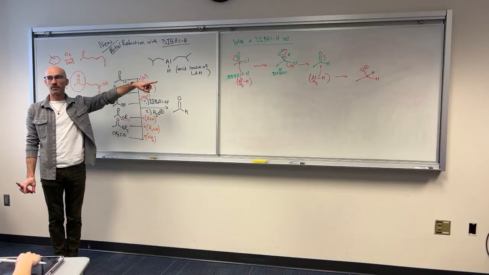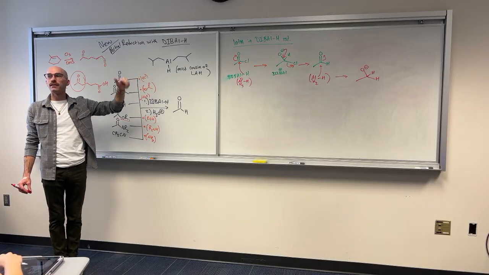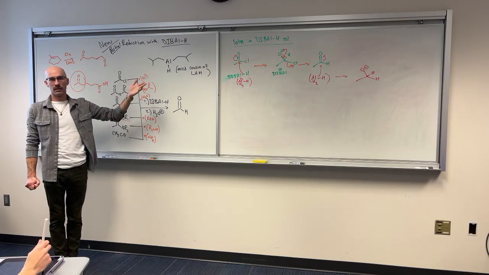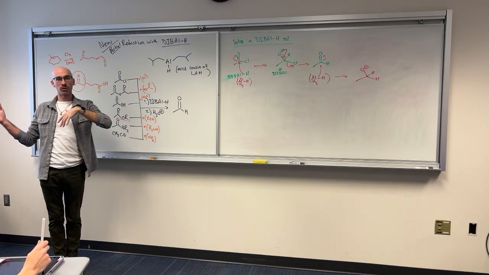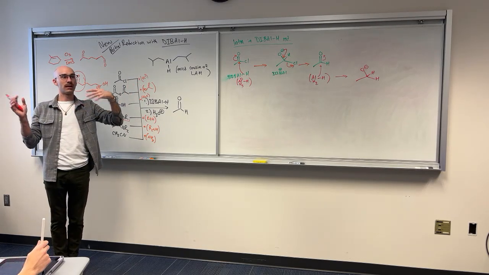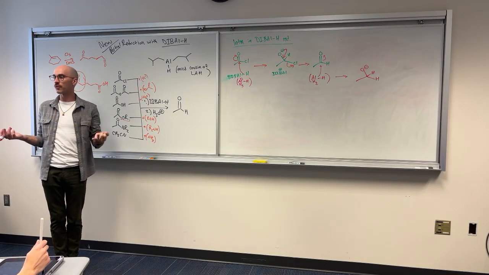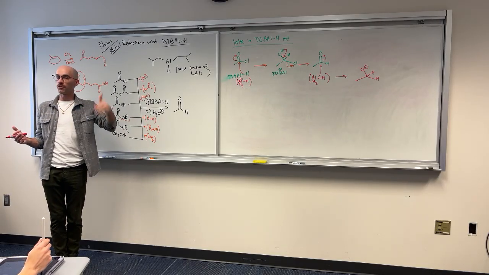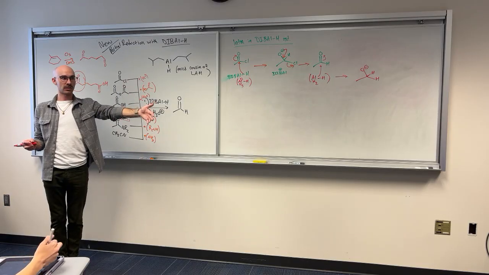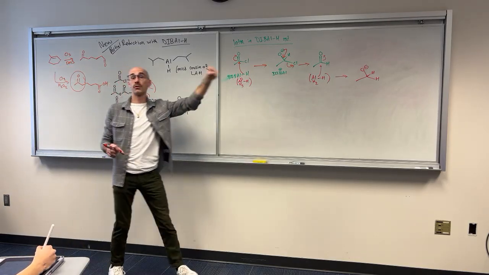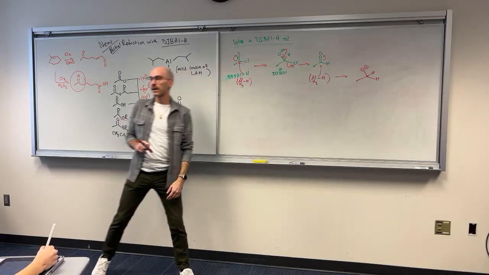And now you have a primary alkoxide. Now you do an aqueous workup and you get an alcohol. So reduction of the acid chloride, even with NaBH4 or LAH, they have enough equivalents of hydride to fully reduce the acid chloride to an aldehyde, and then further reduce the aldehyde to an alcohol.